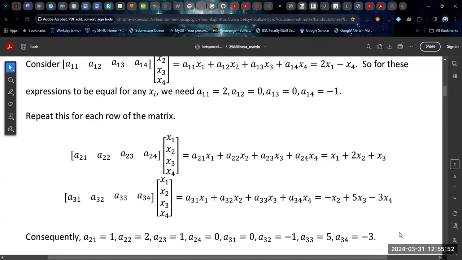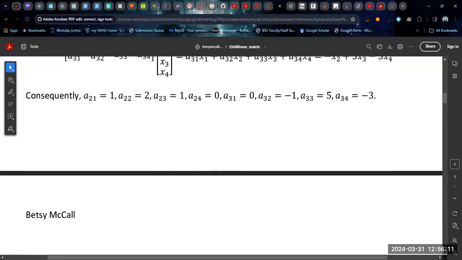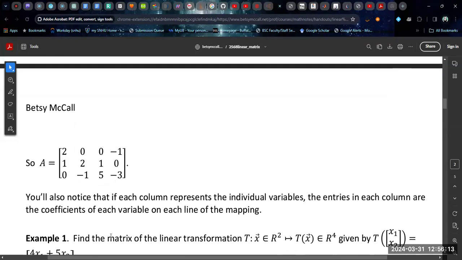And if we do this for the third row, we end up with A31 would have to be 0 because there's no x1. A32 would have to be -1. A33 would have to be 5, and A34 would have to be -3. And so if we set up our matrix like that, we end up with this matrix.